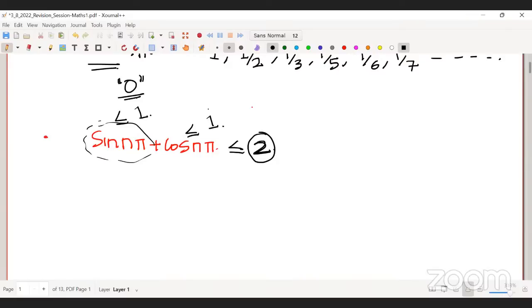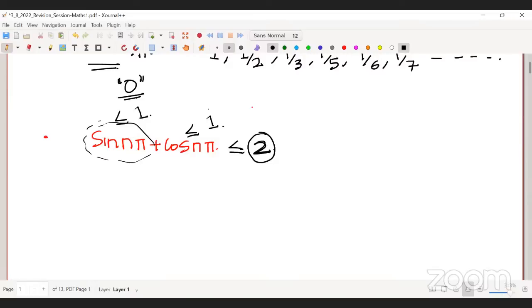We are taking the variable n equal to 0? No, n varies over natural numbers. This n can be 2, 3, 10, 100.